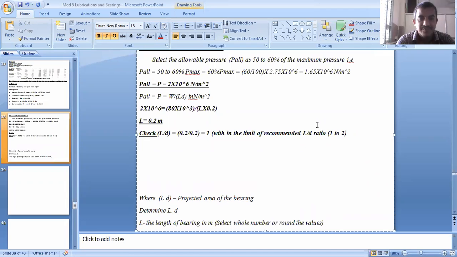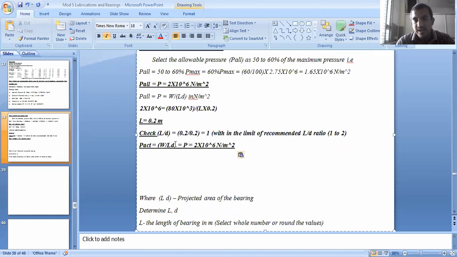What is the actual pressure? Actual pressure is equal to W by LD. Now you will not go for round off of any values, right? If you round off this value of L, then you get a different actual pressure. Clear?